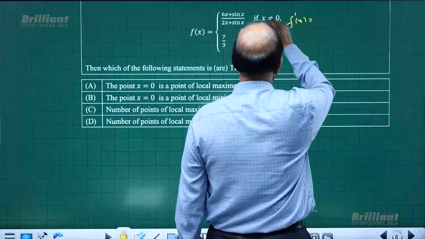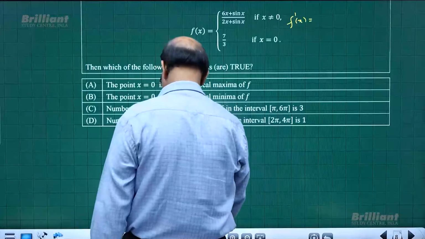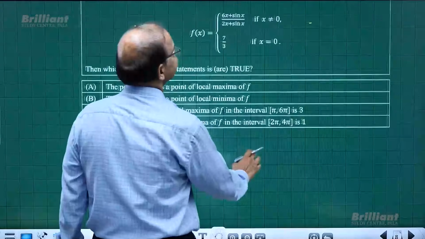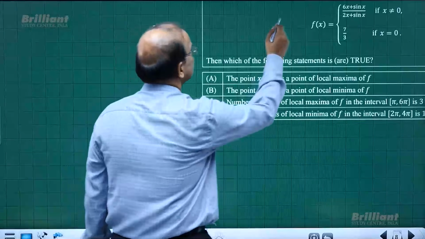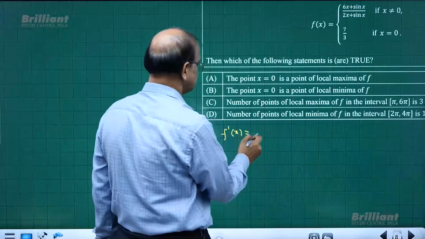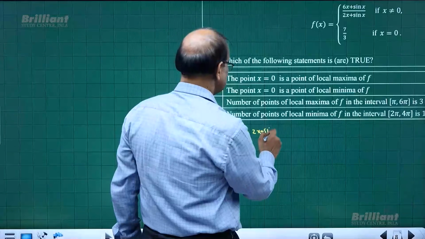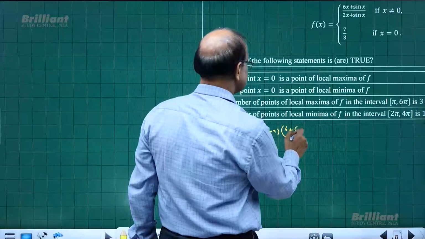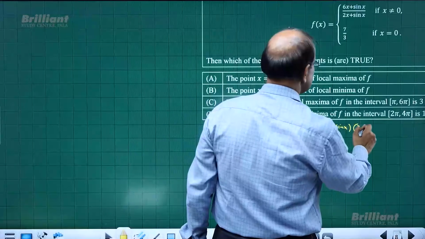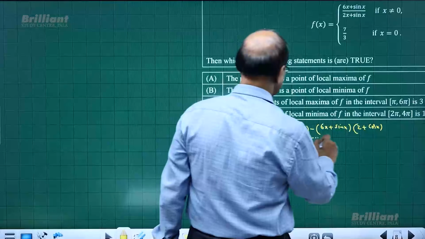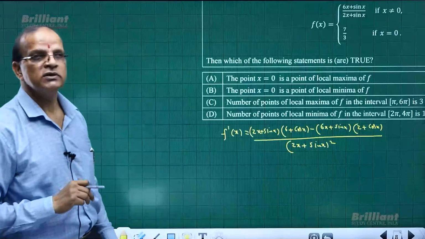So, f dash x equals, this is where u by v applies. So, (2x plus sin x) into (6 plus cos x) minus (6x plus sin x) into (2 plus cos x), whole by (2x plus sin x) whole square.